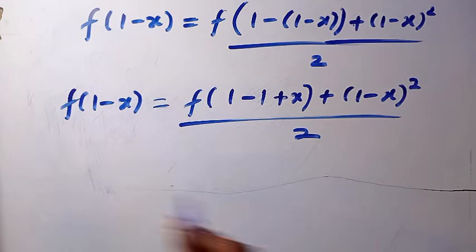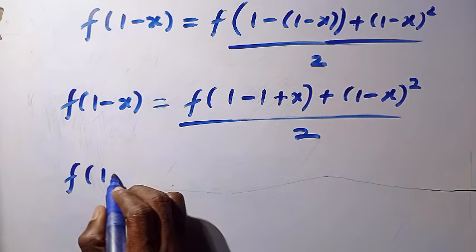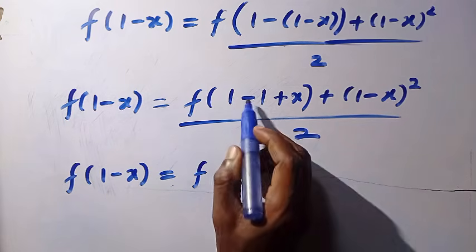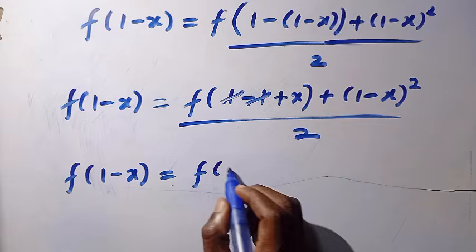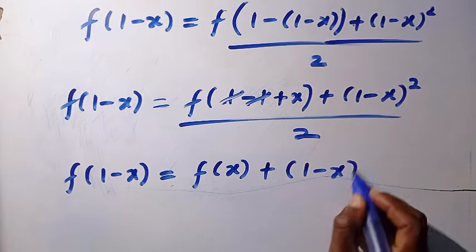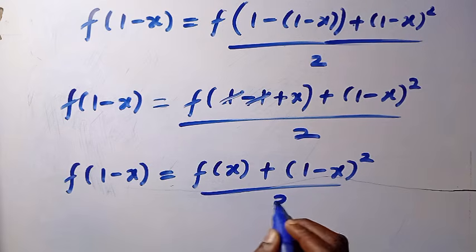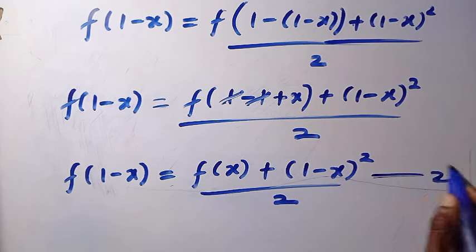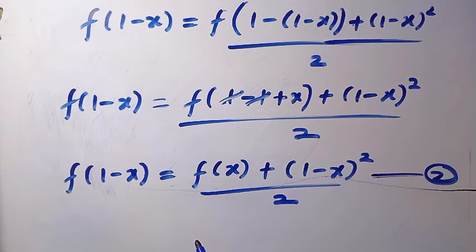And next, here we have f of 1 minus x equals f of, plus 1 minus 1 cancelled. We only have f of x plus (1 minus x) squared divided by 2. This is what we get from equation 2, so let's try to bring these equations together.